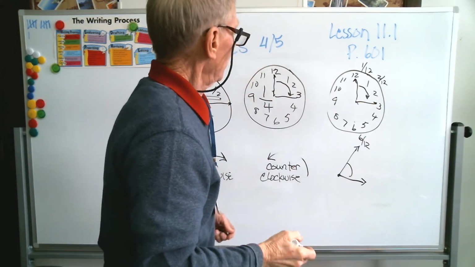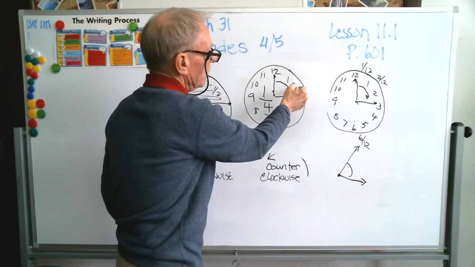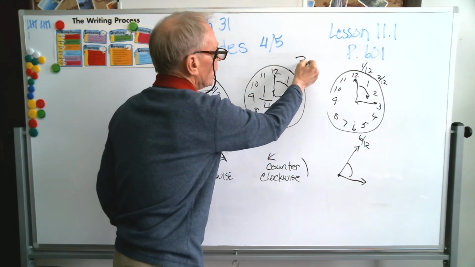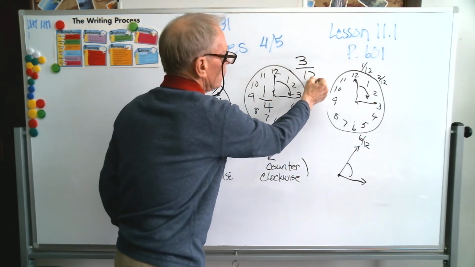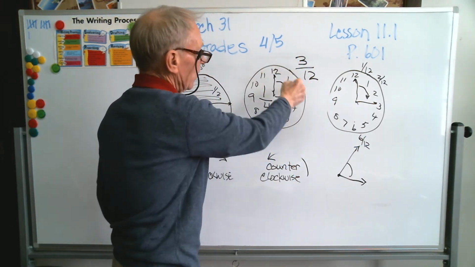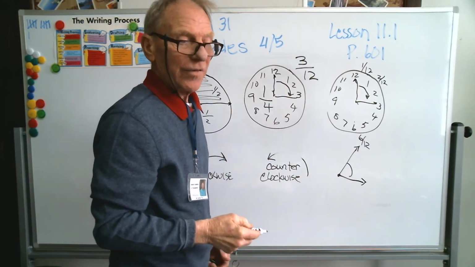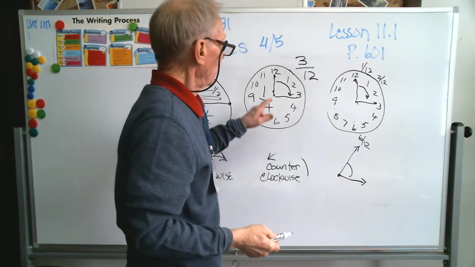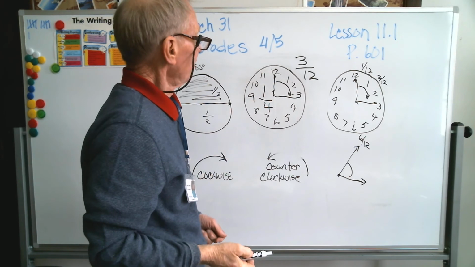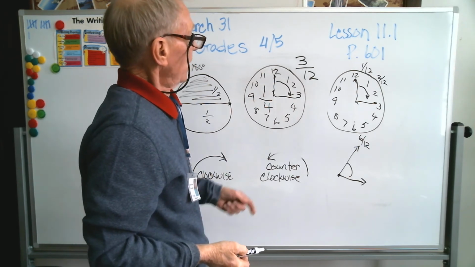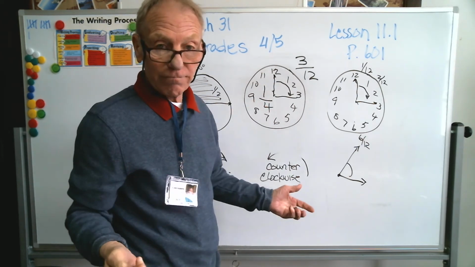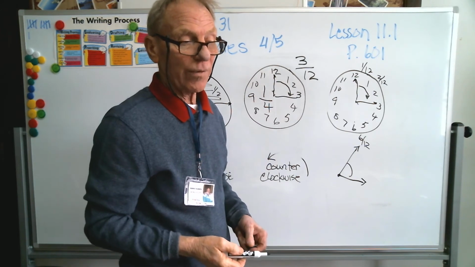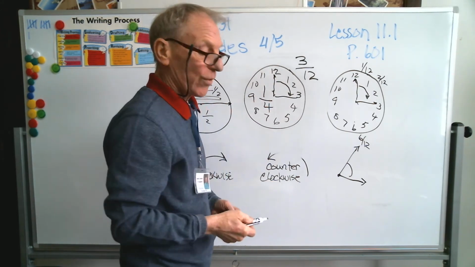Now, you could also say it's 1, 2, 3, 12ths, because there are a division of 12 units, 12 angles on that clock. 3/12ths reduces down to 1/4. So it's 1/4 of the circle.